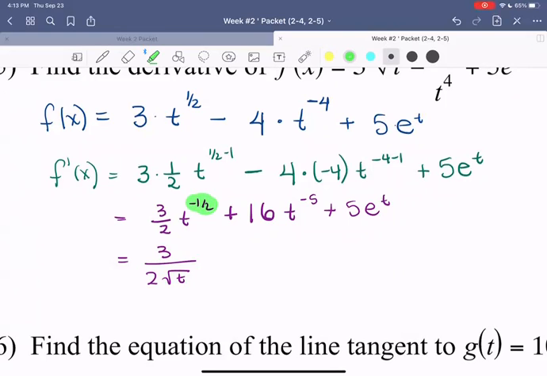That's why we bring that t to the denominator and then use the square root as the 1/2 exponent. Then we add 16, and in order to make this negative 5 a positive exponent, we bring it to the denominator, so the denominator is t to the 5, and then plus 5 e to the t. So our derivative f prime of x is equal to the following function.